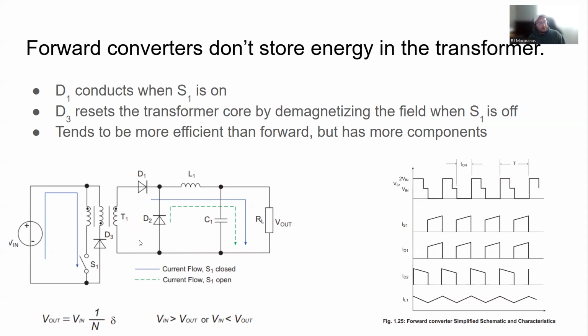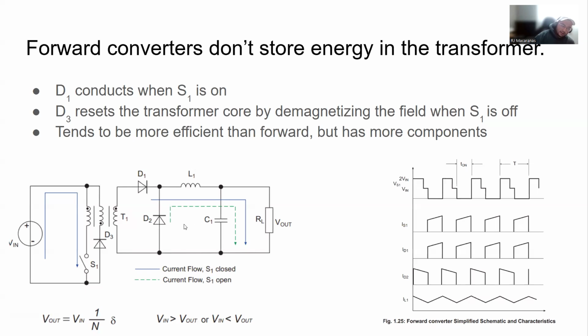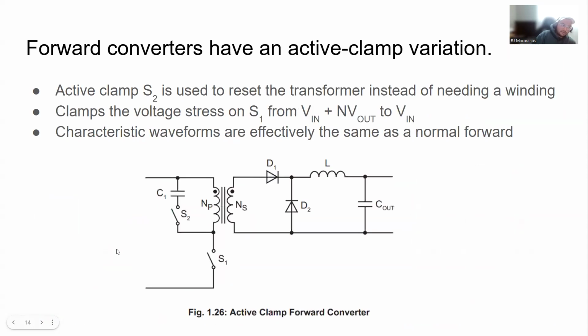This diode is just continuously blocking this auxiliary winding from even building up any energy there. So yeah, this is a forward converter. There's also an active clamp variation of the forward converter. Here we have a passive reset mechanism with this diode. We can't control exactly when this diode conducts, but it works, so it's usually good enough.